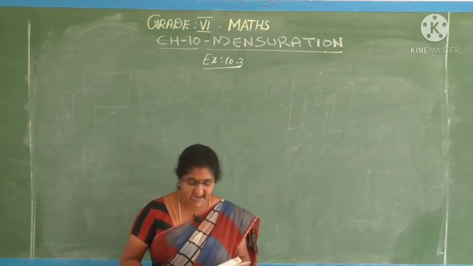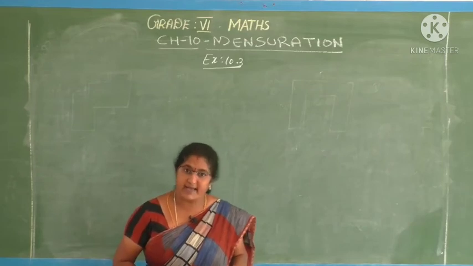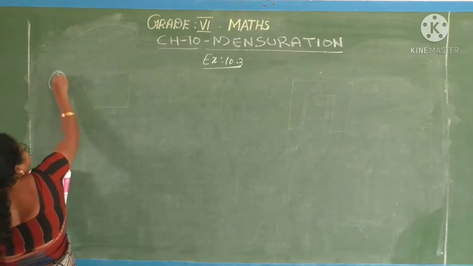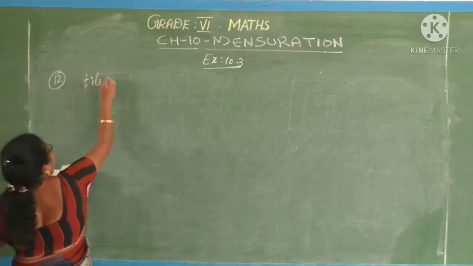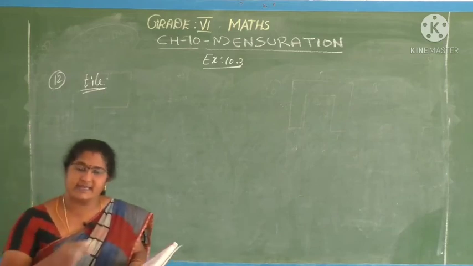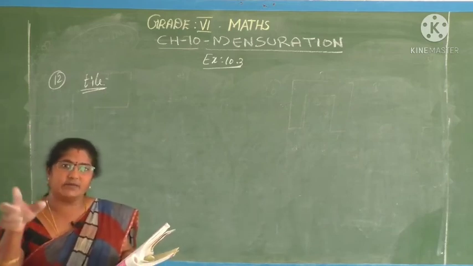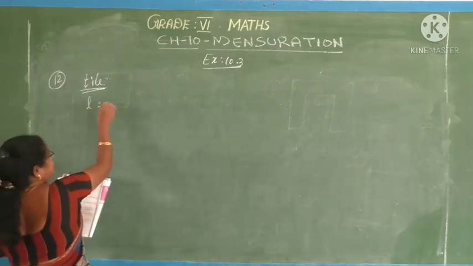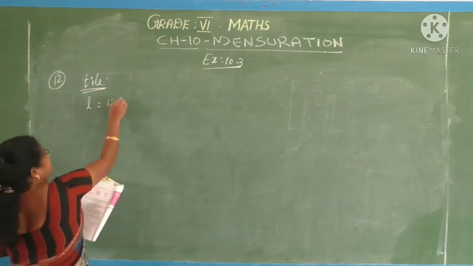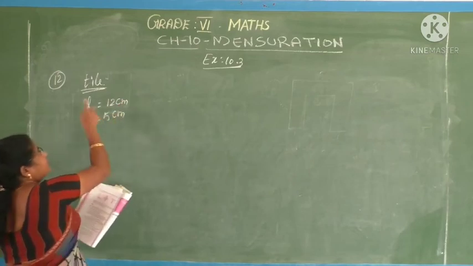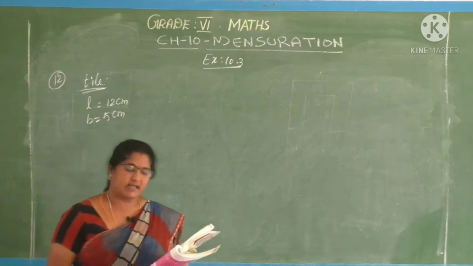Here the tile is rectangular in shape. For a tile, they gave length and breadth: length is 12 centimeter, breadth is 5 centimeter.